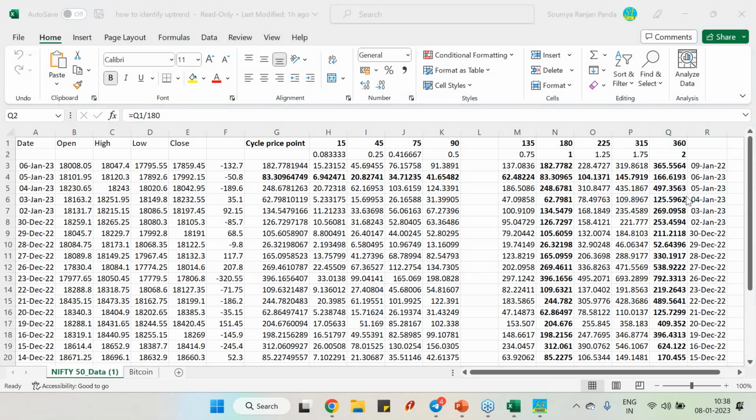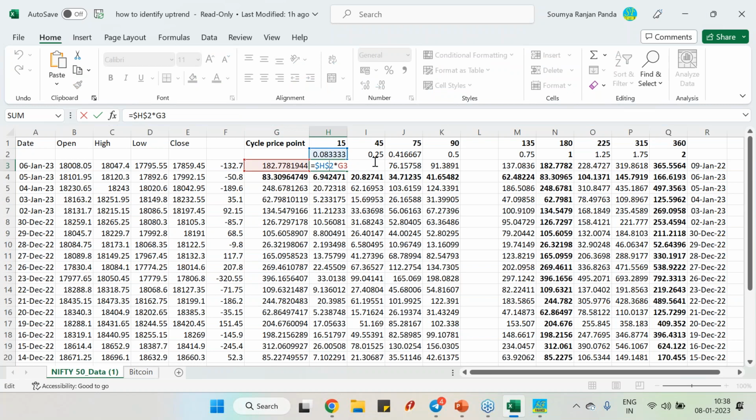Fine. After we get these, these degree factors should be multiplied with the cycle price point. Whatever cycle price point you are getting, just multiply this degree factor with that. I am using the dollar symbol here. You can see 0.25 is I2.